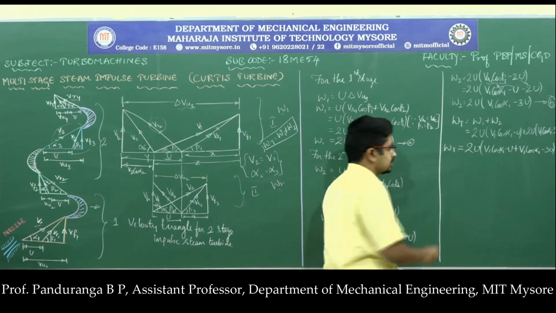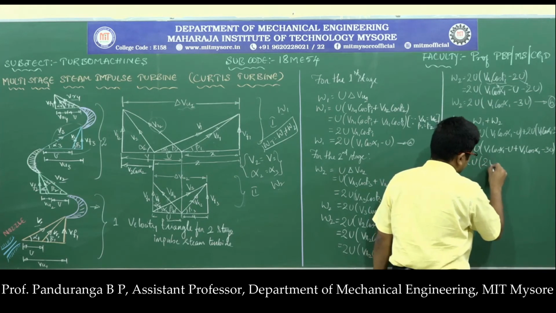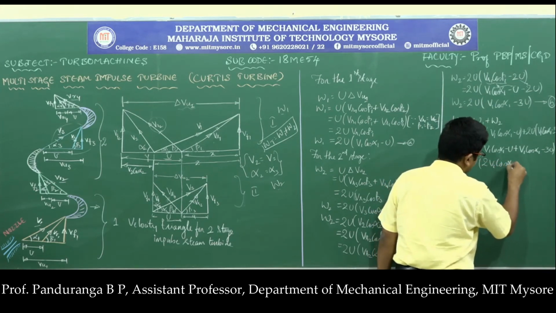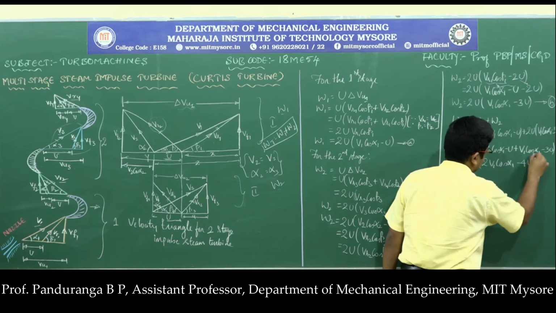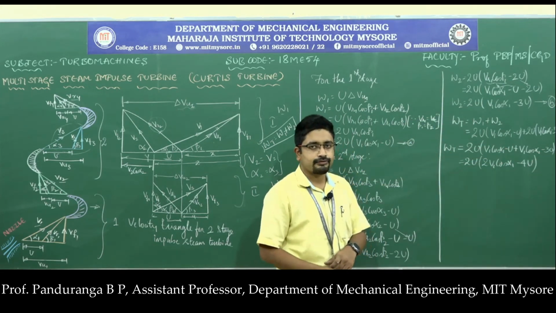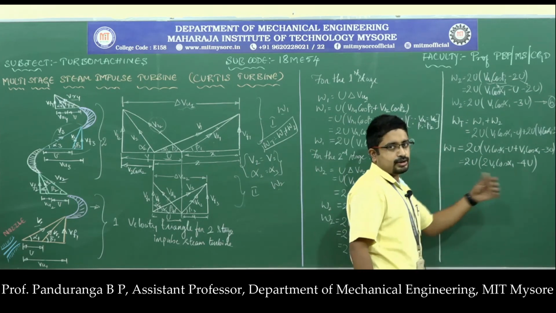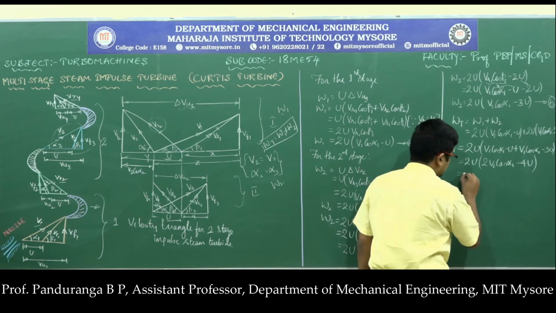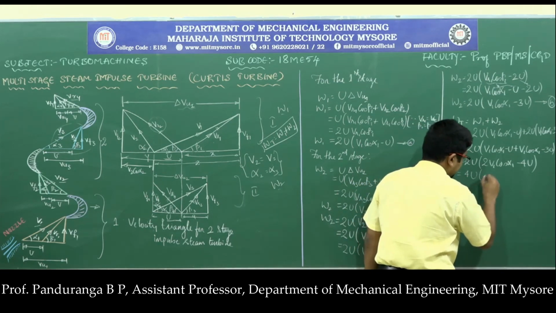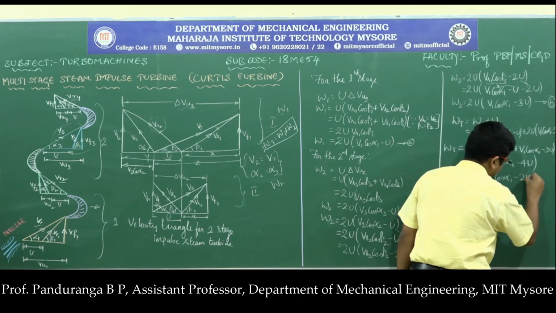Now I will simplify this. So we will get 2u into 2 times V1 cos alpha 1 minus 4 times u. We have minus u minus 3u, it becomes minus 4u. Now we have 2 and 4 here, so I will take 2 out of this, so I will get 4u into V1 cos alpha 1 minus 2u.